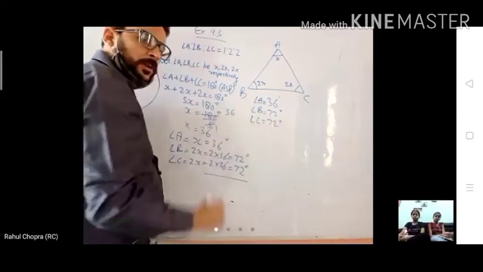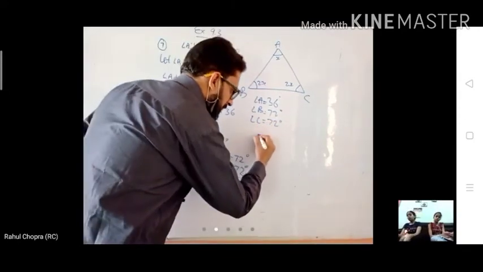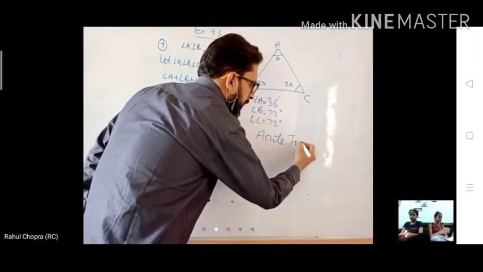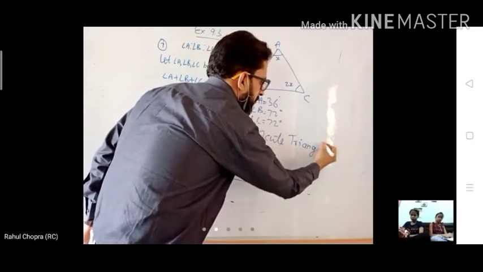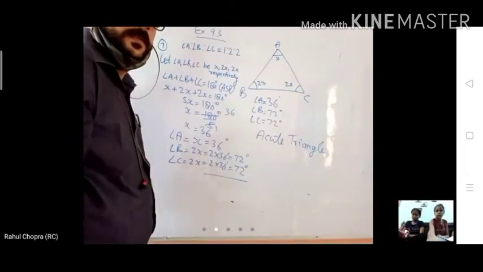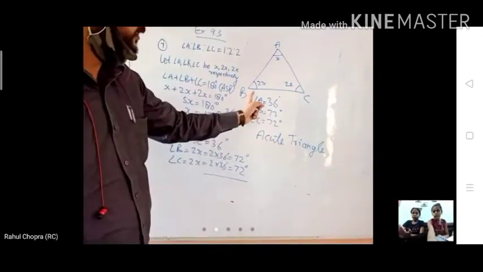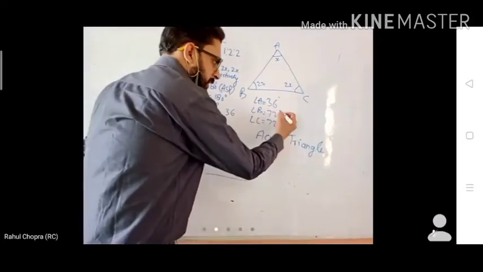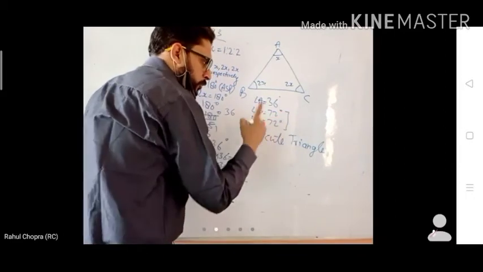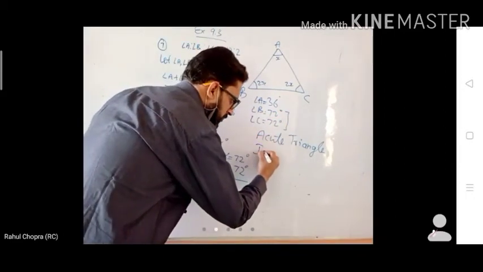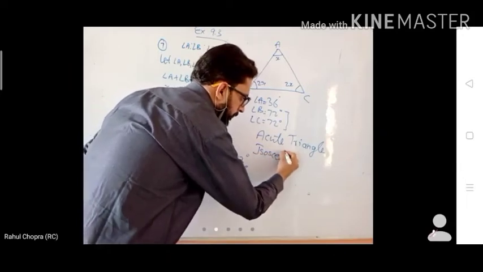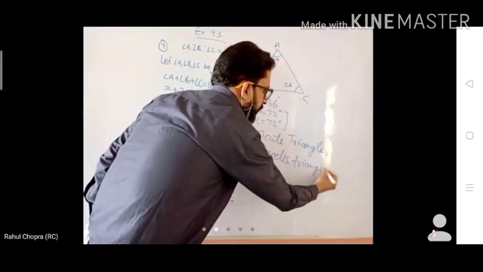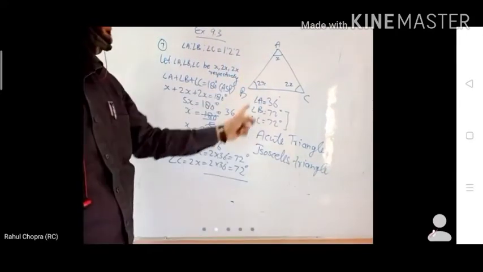Since all the angles are acute, so we will classify this triangle as an acute triangle. Is it okay? Riddhi, Pallavi, are you understanding? तीनों एंगल एक्यूट हैं तो एक्यूट ट्रायंगल भी कह सकते हैं. Look, two angles are equal. If two angles are equal, then the triangle is an isosceles triangle. So we can classify this triangle in two ways.